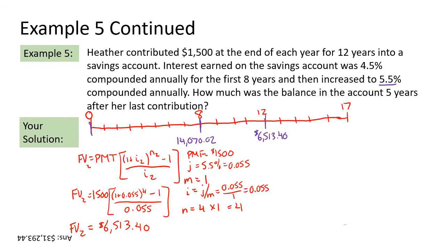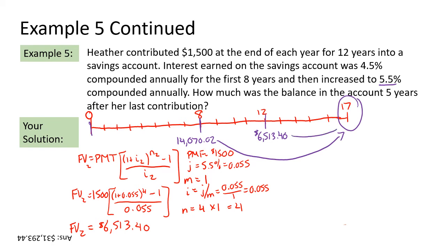Now, we've got our first piece of our annuity, which we calculated for the first 8 years, and our second piece calculated for the last 4 years. We want to know what it's worth all the way down here. In order to do that, we have to do a future value calculation for each one of these numbers.